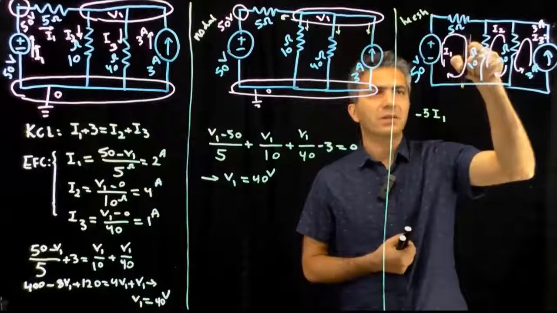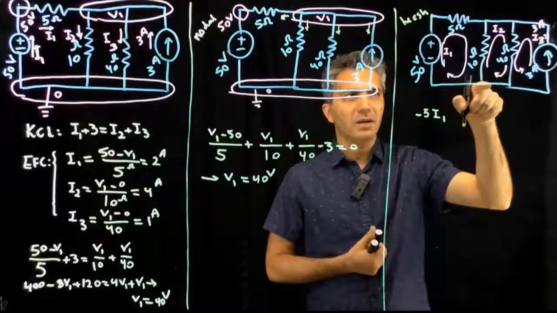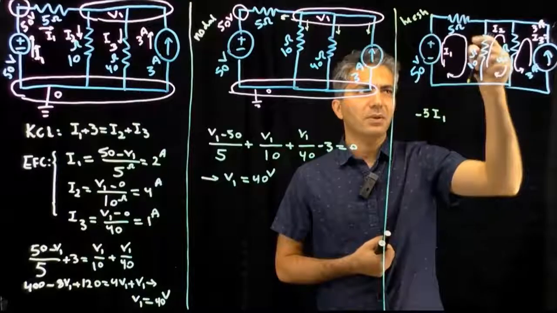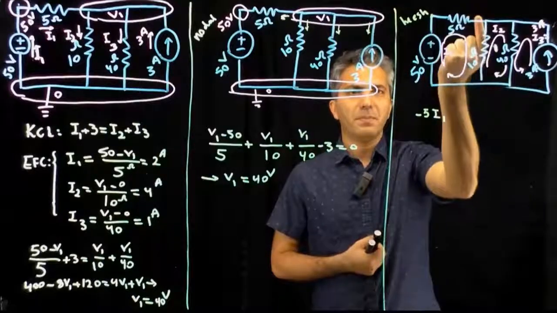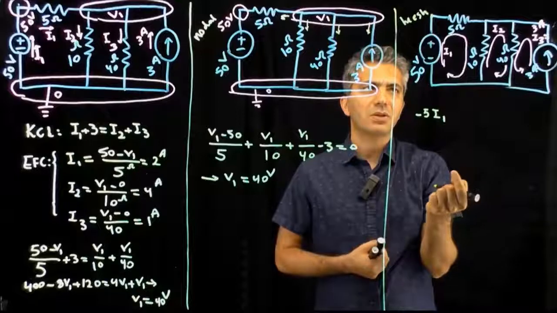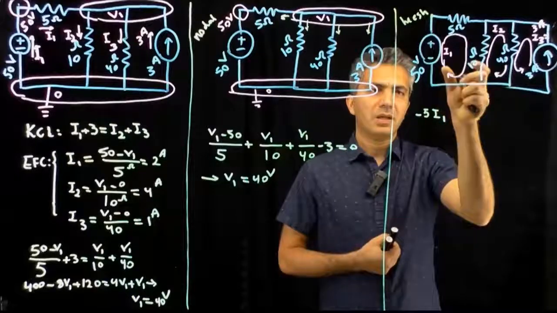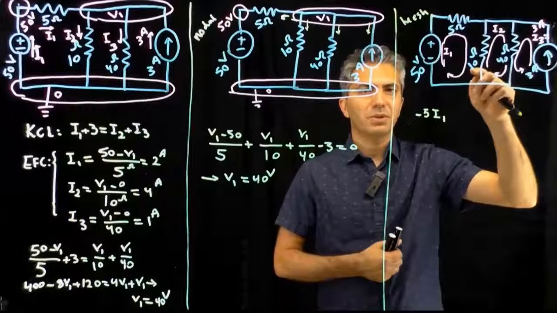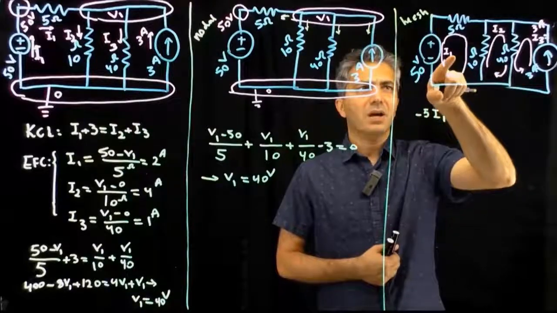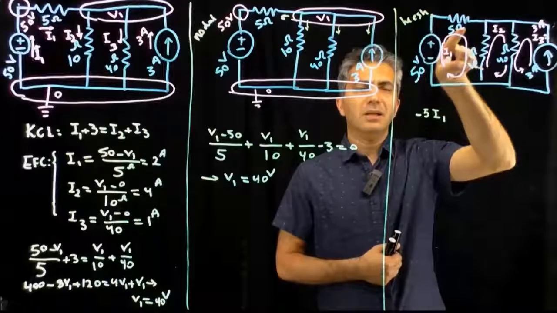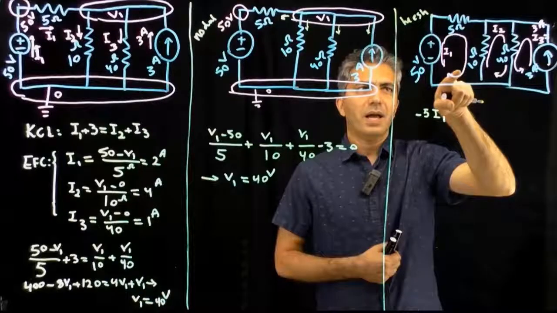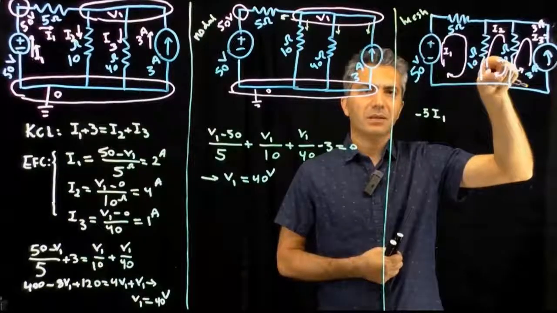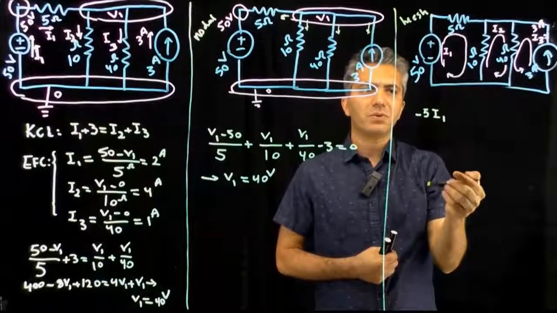Now, notice that for the 10 ohm, there are actually 2 currents that are passing through it. There's an I1 that is going down, and there's an I2 that is coming up. So there are 2 currents in 2 directions, and I have to take both of them into account. Since I don't know which one is larger, I just use a convention. I start with the one in the loop that I'm going through as being the first current, and then use the other one as the second that I subtract from the first one.